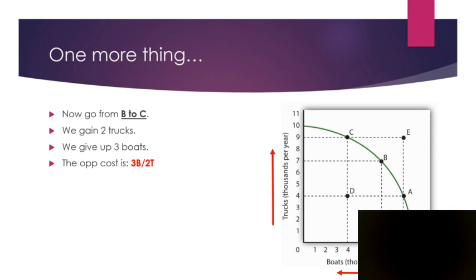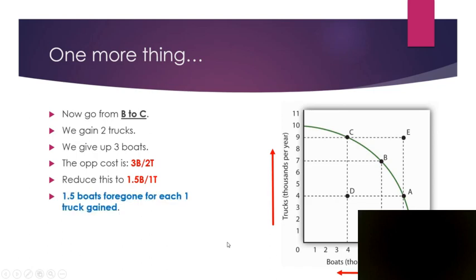So 3 divided by 2 gives me 3/2 in the numerator. 2 divided by 2 on the bottom gives me 1. So that gives me 3 divided by 2 on the top, which I can reduce to 1/2, divided by 1. So what this tells me now is 1.5 boats are foregone for each 1 truck gained.